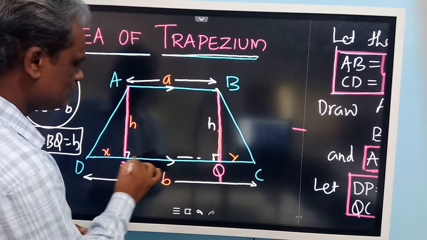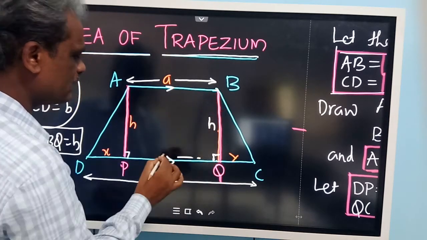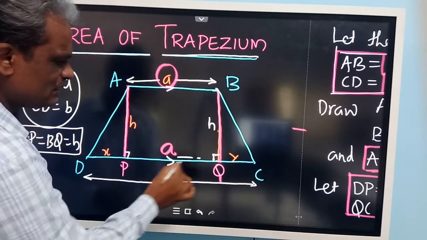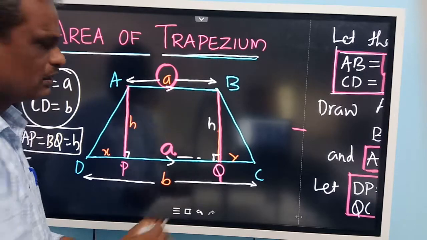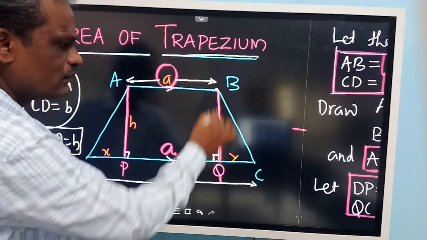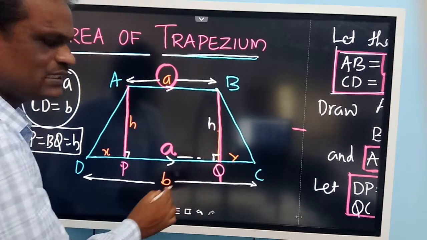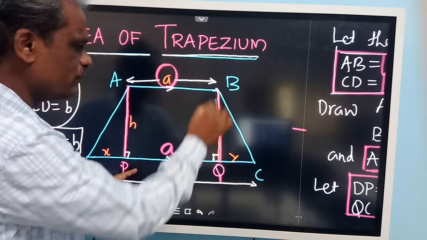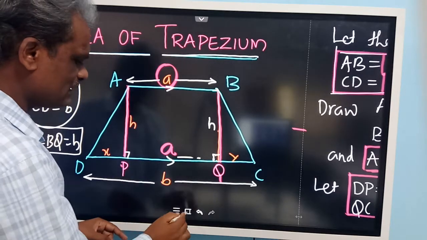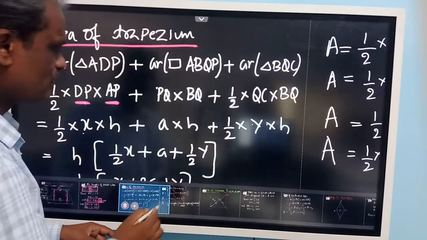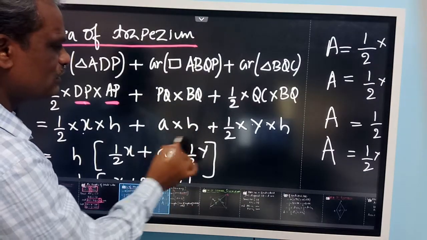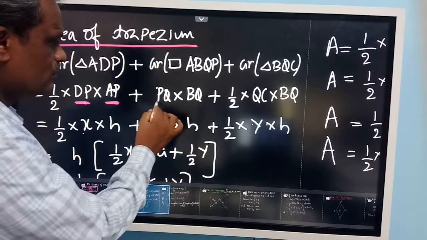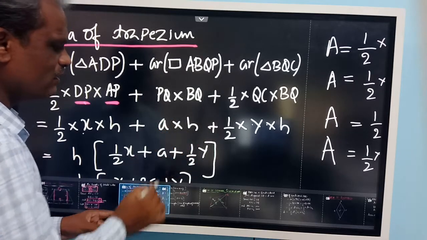This length and this length are both equal. Since this is A, PQ is also A, and this length is H. So PQ into BQ is nothing but A into H. Is this clear?